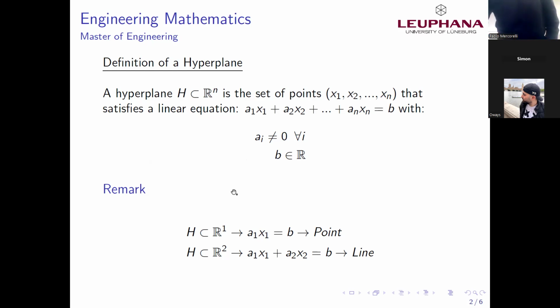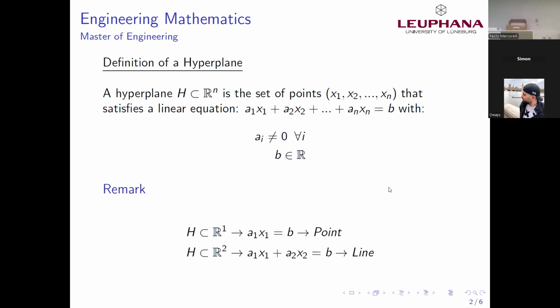Next week we will go in depth. Look at this. In R1, or R up to 1, the plane or the hyperplane collapses in a point. In this sense, the point is also a plane, but it's a plane in R up to 1. It's a collapse. a1 multiplied by x1 equal b is the point.